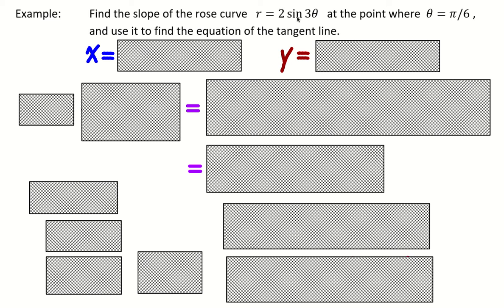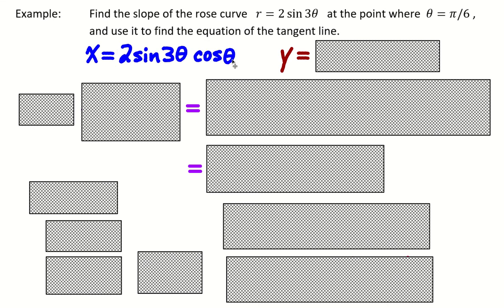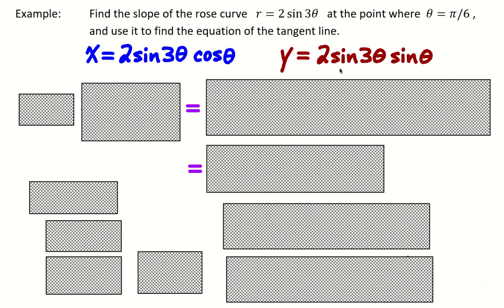And remember from part 1, all you need to do is take this 2 sine of 3 theta and tack on a cosine of theta, and that's what x equals. Similarly, all you gotta do is tack on a sine of theta to that 2 sine of 3 theta, and that's what y equals.